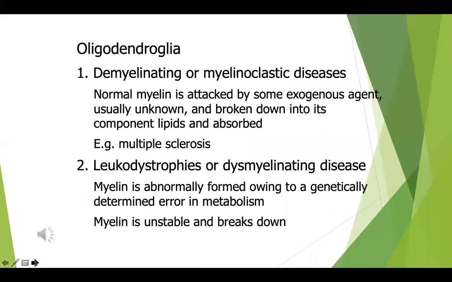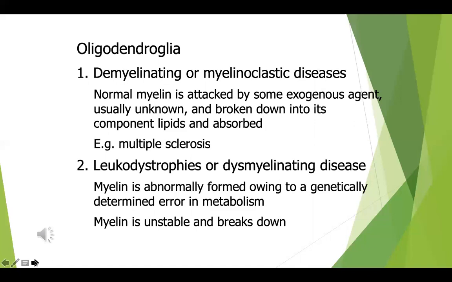There are two types of diseases that can affect or destroy the oligodendroglia. The first one is demyelinating or myelinoclastic diseases, and the second one is the dysmyelinating, or what we also call the leukodystrophies.